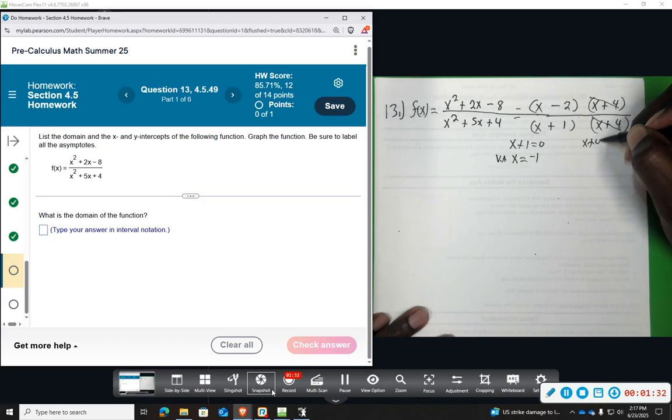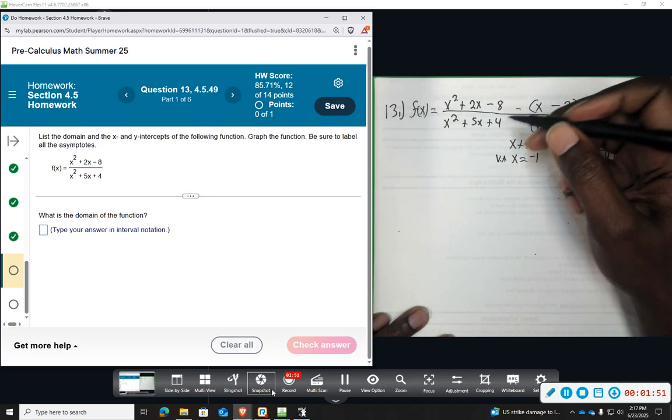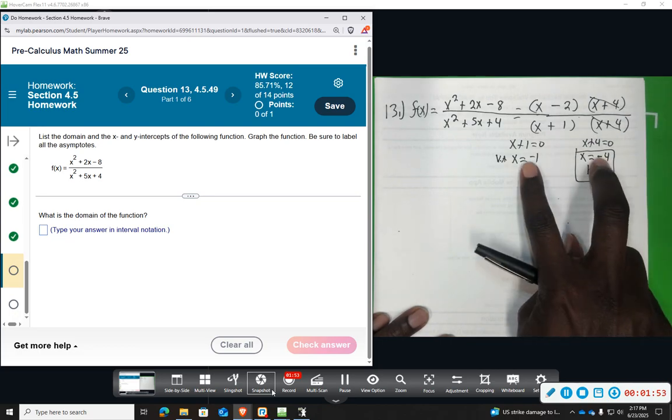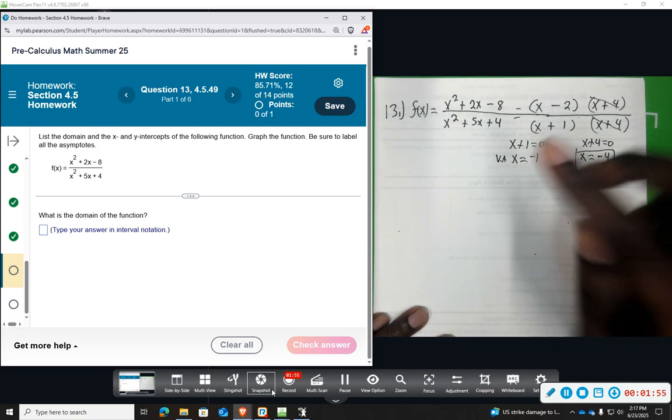x plus 4 equals 0. Solve for x, gives me x equals negative 4. So this will be a hole instead of an asymptote because it got canceled out. x plus 4, x plus 4. So a hole at negative 4, vertical asymptote here. Either way, both these numbers cannot be used in our domain.